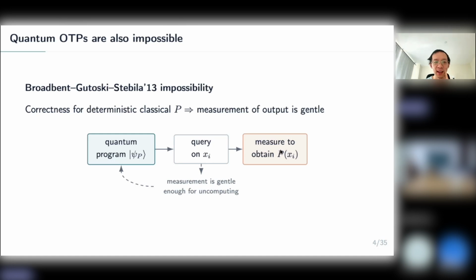That means that the measurement here is actually gentle, so the quantum state is not really disturbed by this measurement. Everything in quantum is reversible, so you can just uncompute and get back the original program, and then you can just query again. So even if you have a quantum program, you can still evaluate it basically arbitrarily many times.